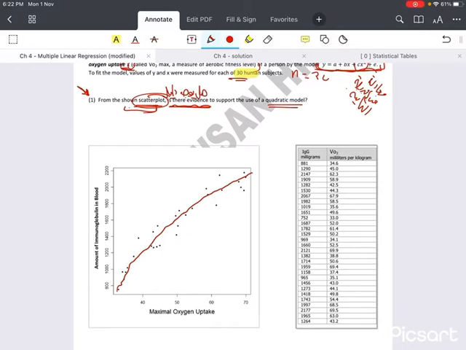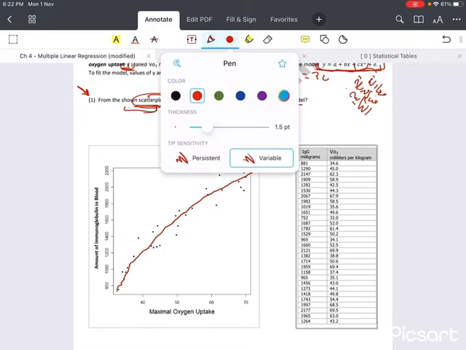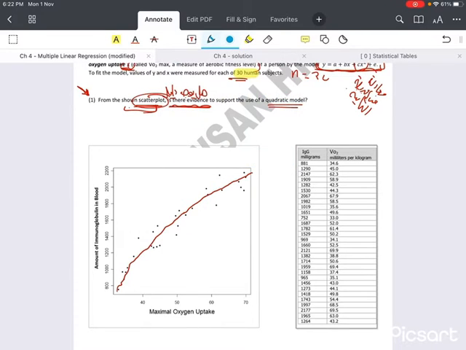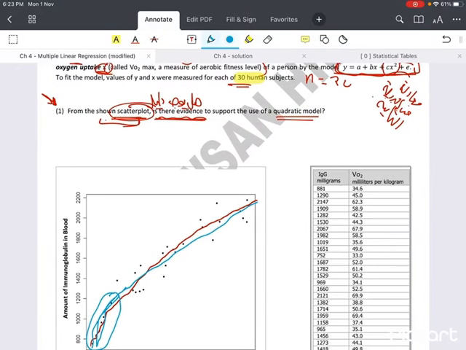From here to here it could be a line, but for these data we have to bend to reach them. So it cannot be linear. It is clearly a curve.